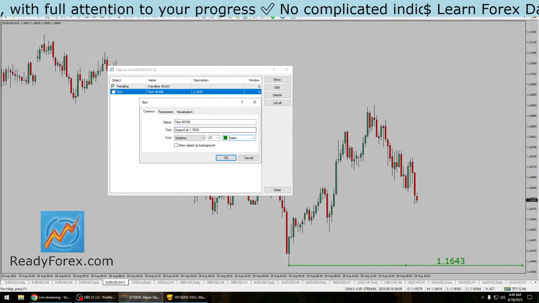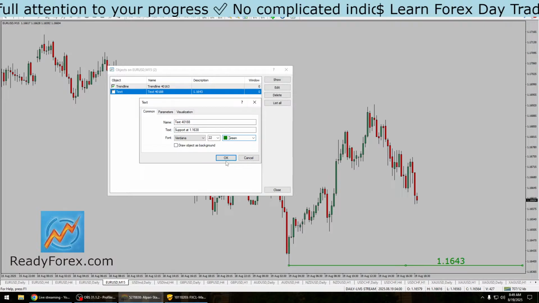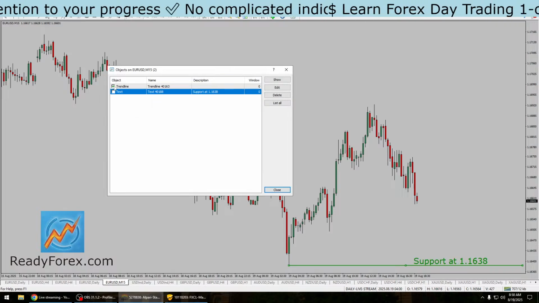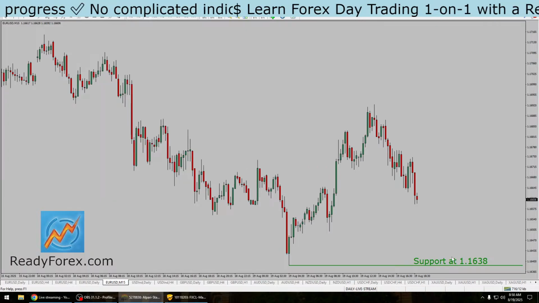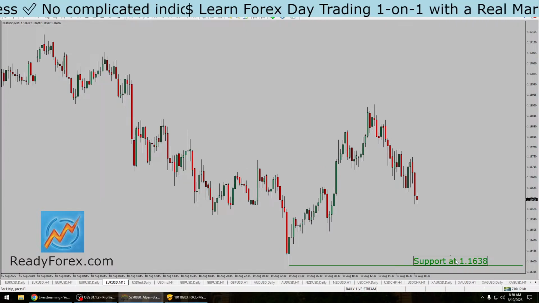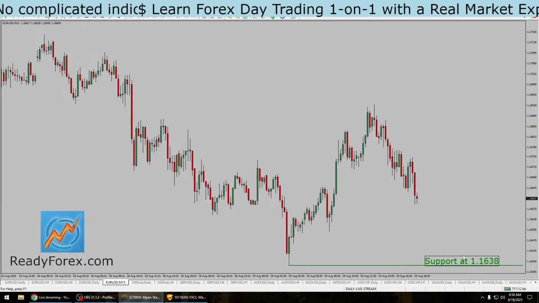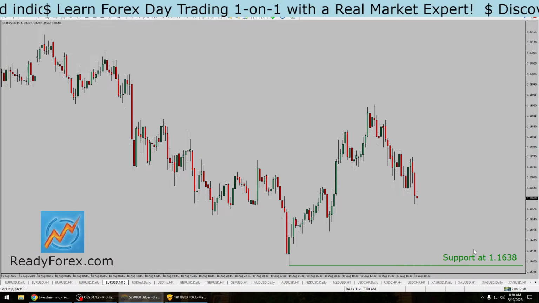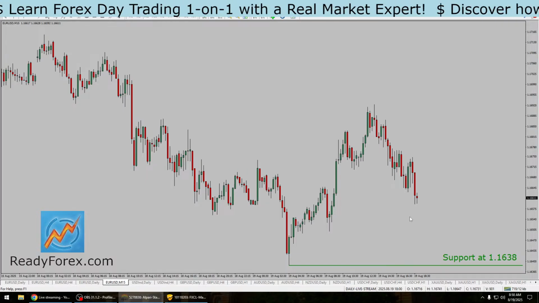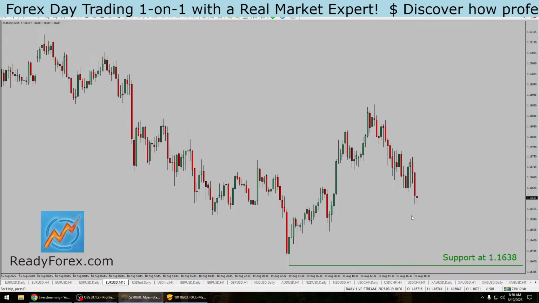Okay, 1.1638. So price action should stay above 1.1638 level inside euro dollar currency pair if the uptrend is going to remain valid. Otherwise, if it breaks lower, then that's the end of an uptrend.